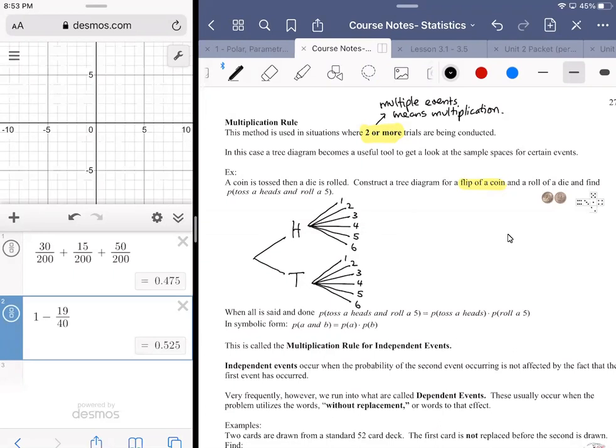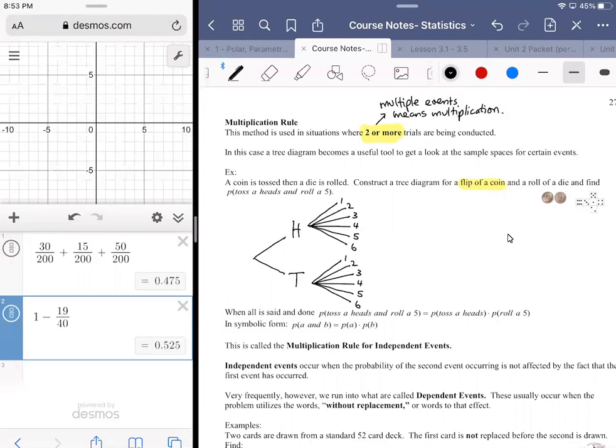So you can expect that there will be a tree diagram question. And the good thing about tree diagrams is that they can't be that complicated. Otherwise, it would just take you too long to construct them. So it's got to be fairly simple. Otherwise, it would take you the whole time allotted for the test in order for you to actually create the tree diagram. So it would have to be kind of simple along these lines.